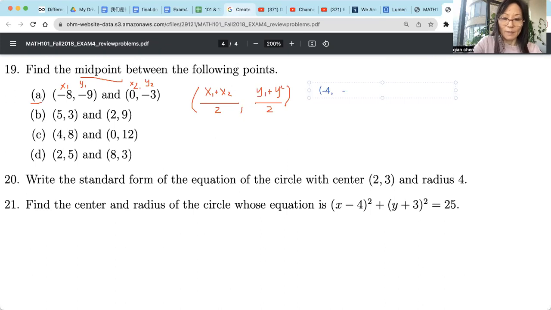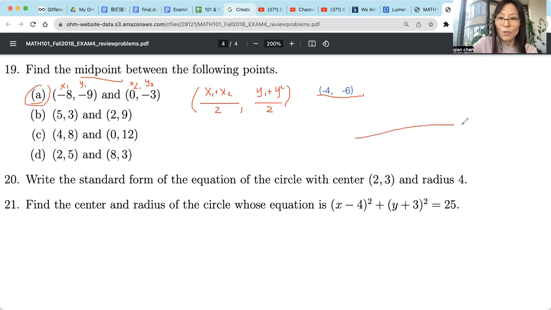Then the y value is negative 9 plus negative 3, that's negative 12. Negative 12 divided by 2, that's negative 6. So the middle point of those 2 points in A is negative 4 and negative 6.